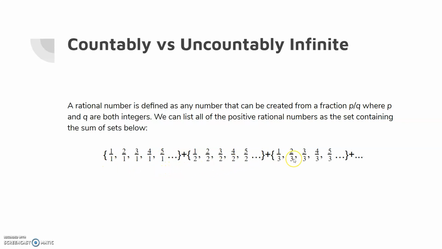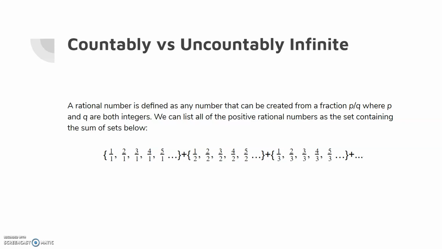And we take another copy of the natural numbers, but we divide every element by 2, and then do it again, but with 3, and so on. If we continue this pattern a countably infinite amount of times, we'll have every possible combination of numerator and denominator. Well, the positive ones at least, but that doesn't matter.